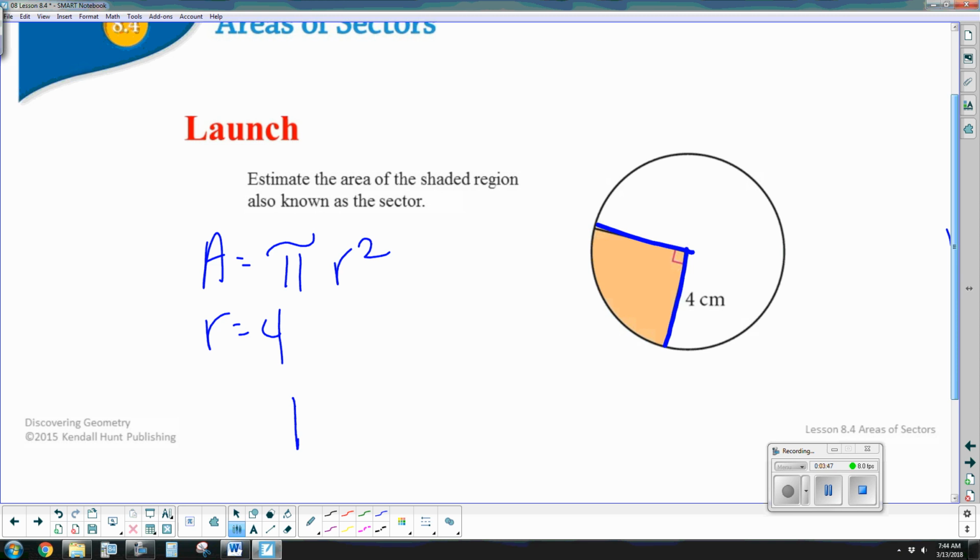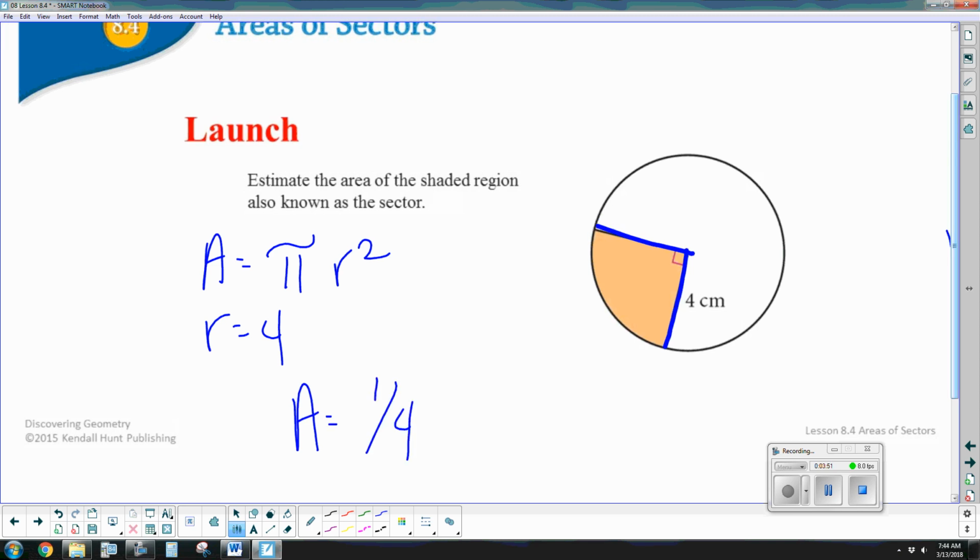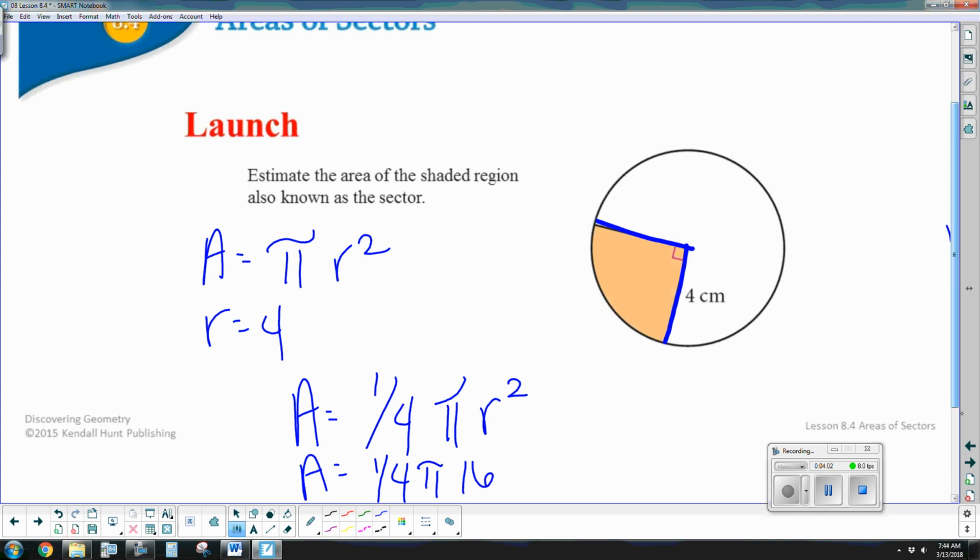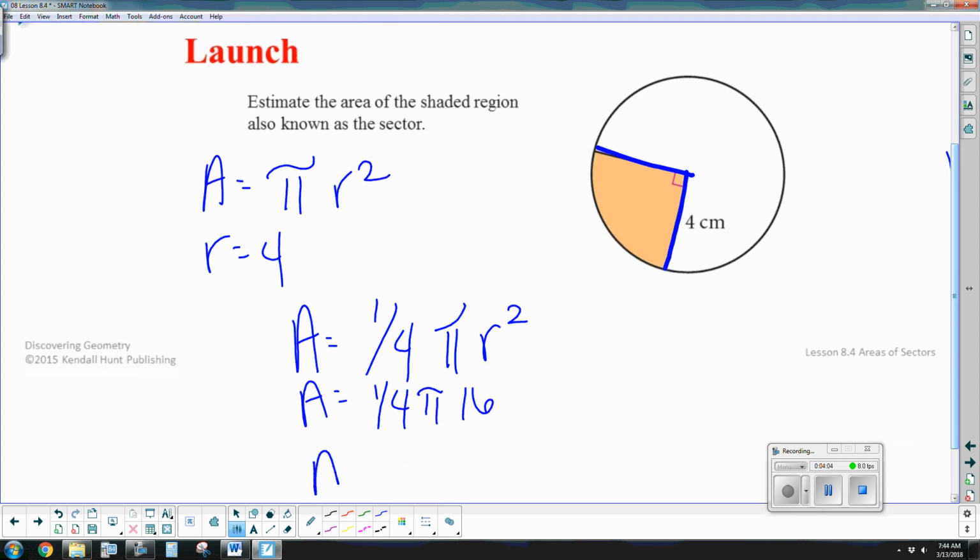So we would say the area of this sector is a quarter of pi r squared, which means it's a quarter of pi times 16, because r squared is 16, which means the area is about 4 pi.